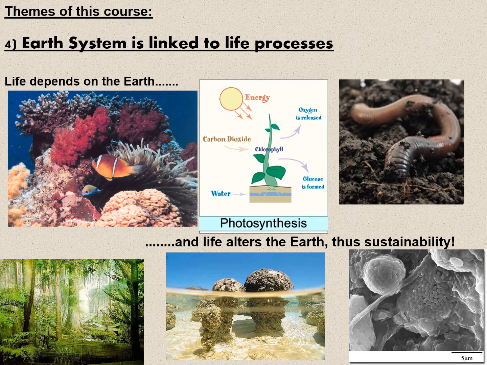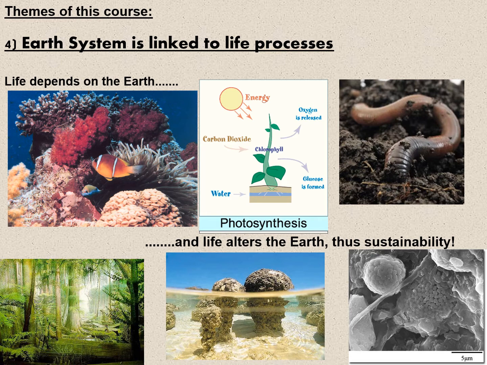One of the other themes of this course is that the Earth system is linked to life processes. As you remember, that's the point of the Earth system, that life is a major component. So life depends on the Earth. Living things like ourselves, we need nutrients, vitamins, minerals, and water, and we need all of these things to stay alive.